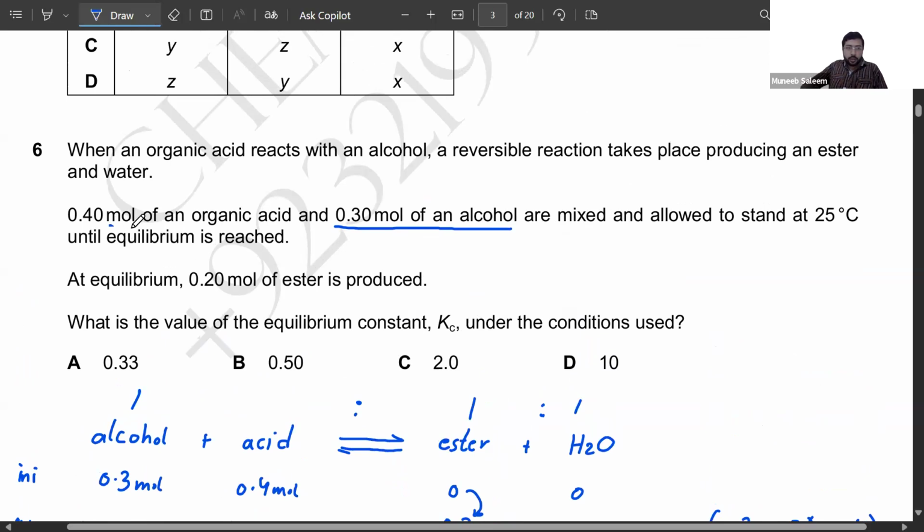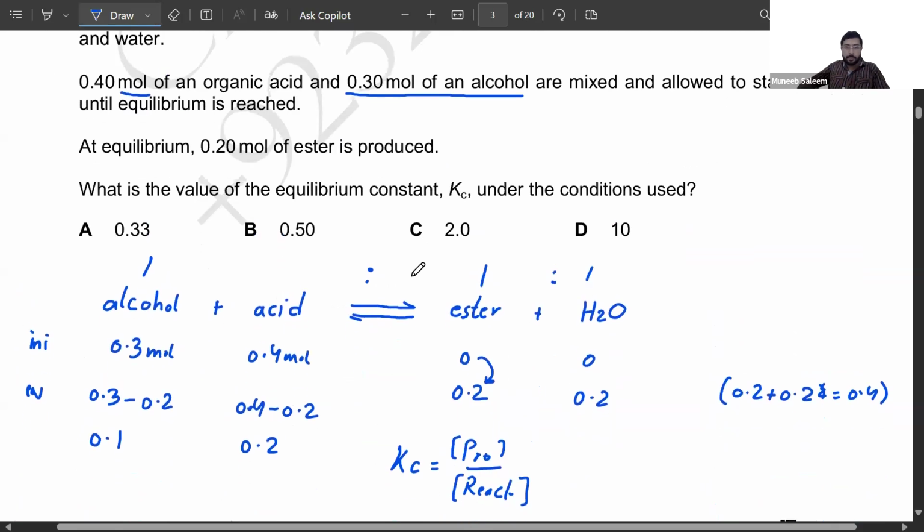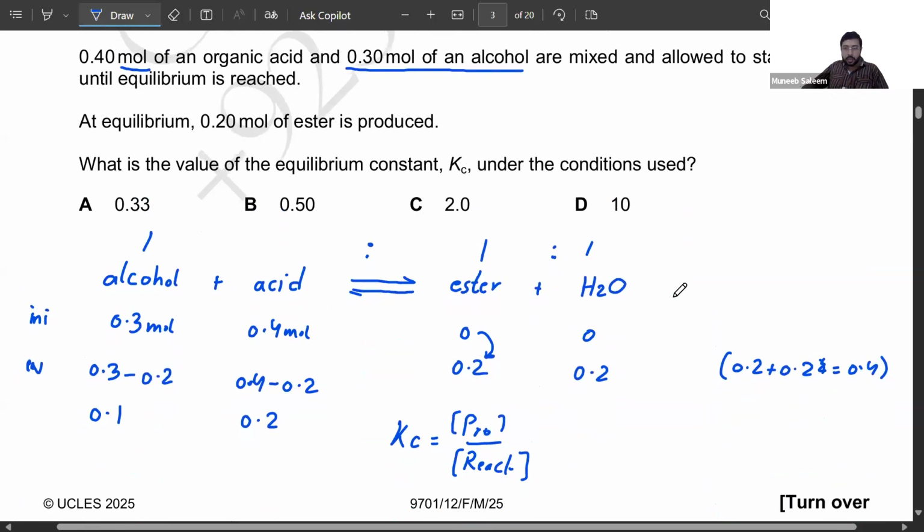We only have the value of the moles here and no volume. Although we know that concentrations are basically moles divided by volume, since no volume is provided, we can expect that the mole value is basically the concentration. So we will use the same values here.